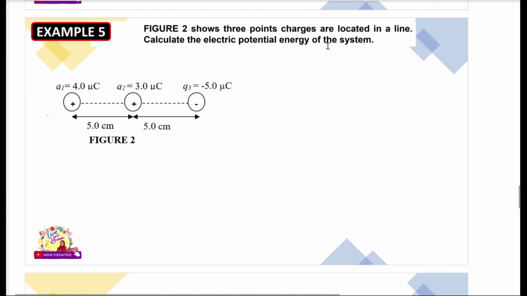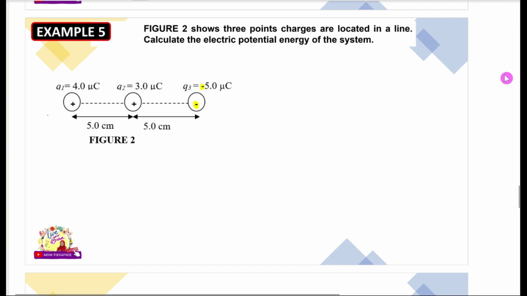Alright. Example number 5. So here we have 3 point charges. Okay, so we have Q1, Q2 and Q3. Dekat sini kita nampak Q3 kita adalah negative sign. Alright, calculate the electric potential energy of the system.